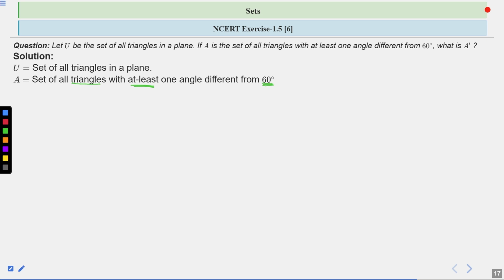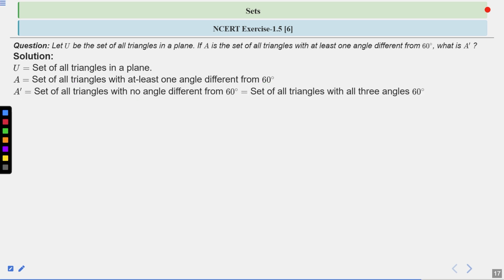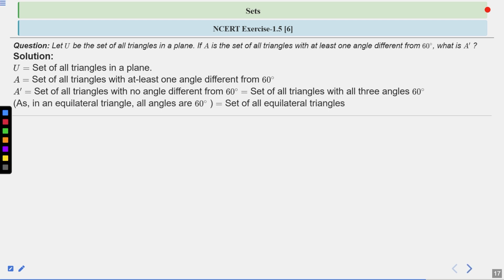Another way to put the same thing is to say that we are collecting equilateral triangles. Indeed, you are giving me the correct answer. Equilateral triangle. So A complement will be a collection of all triangles with all three angles of 60 degrees, the set of all equilateral triangles. I hope this is clear to you all.